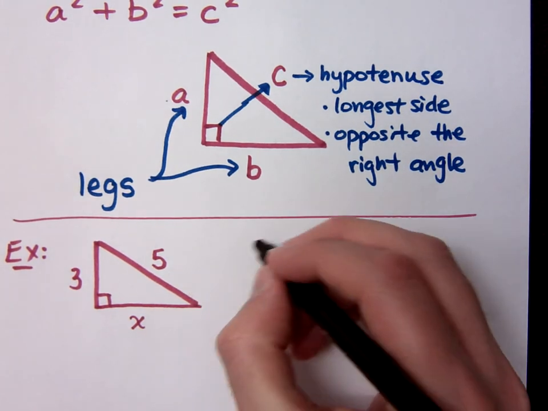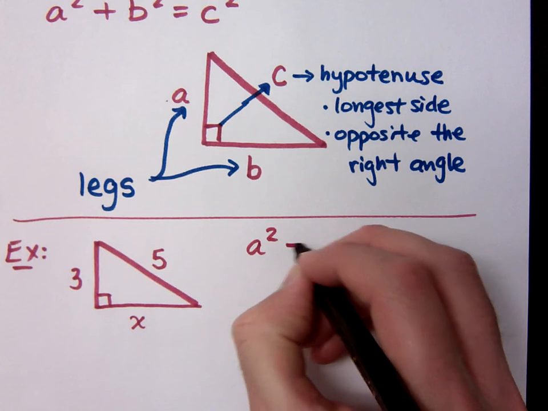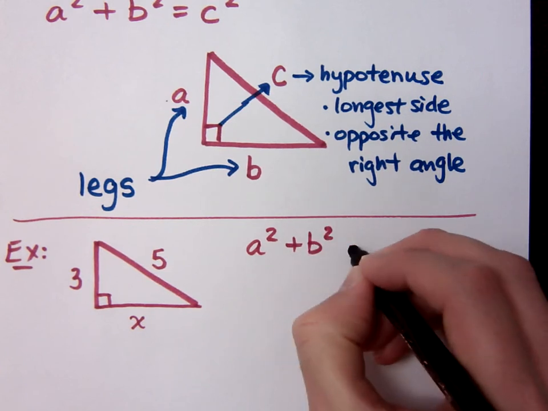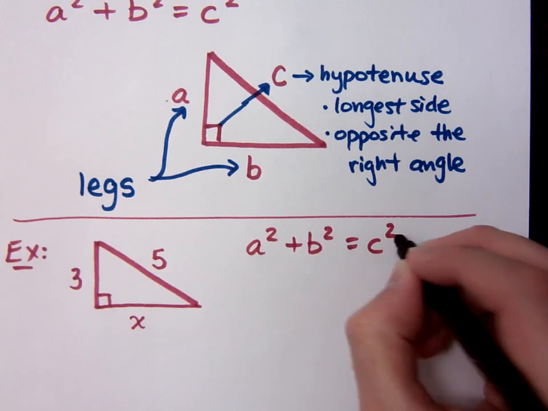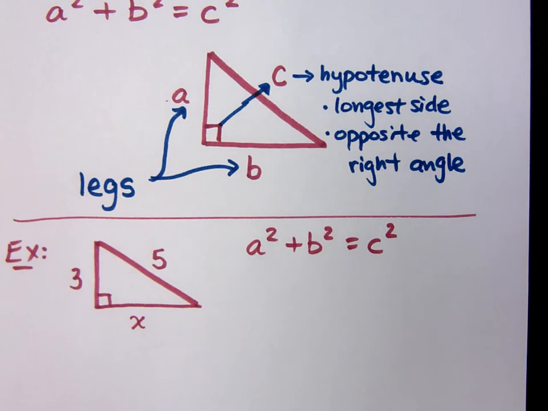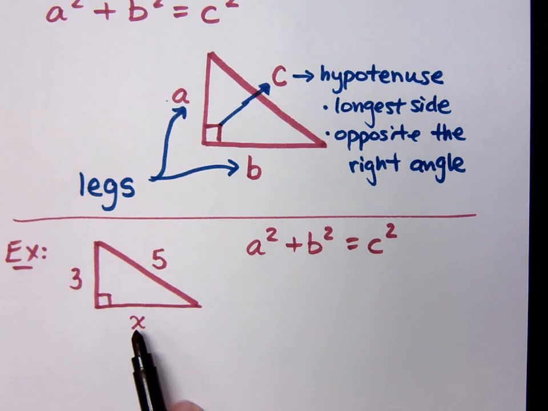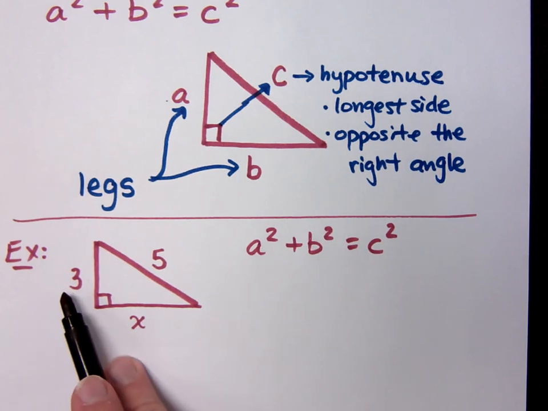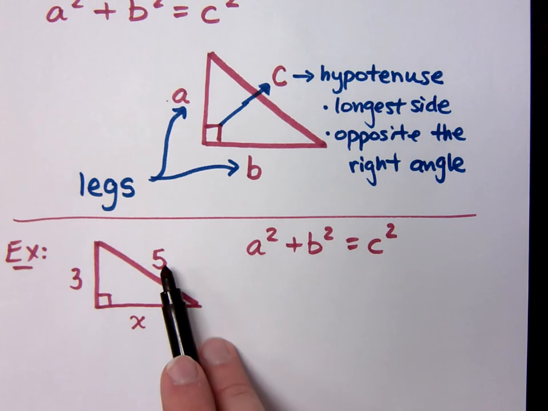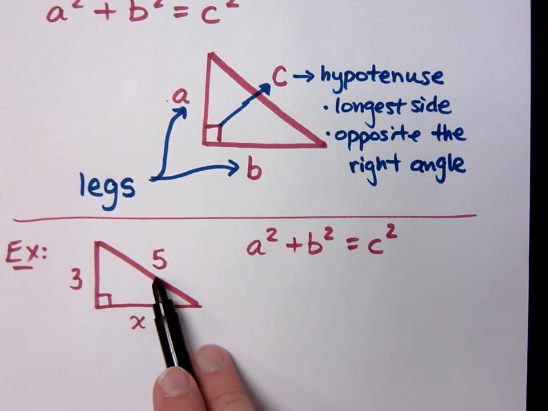I can use the formula that's given to us. That's a squared plus b squared equals c squared. But you've got to make sure that you put these guys in the right spot. The only guy that really matters is the hypotenuse, because it doesn't matter if you call this a and this b, or if your buddy calls this a and that b. What matters is that we all agree that 5 is the hypotenuse, because it's the side that is directly across from the right angle, right?